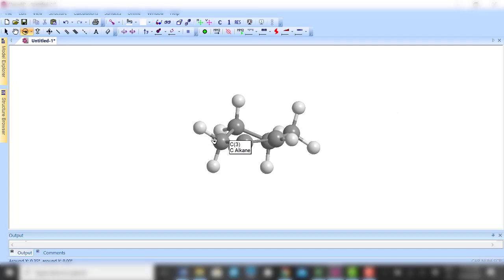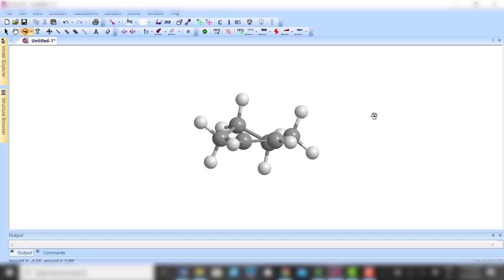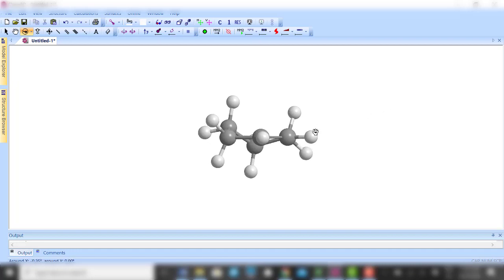Let me do a quick rotation like this. You notice that this carbon and this carbon are actually located along the same plane. Let me do a very slow rotation for you to see. If I put this at this particular level, you see that this carbon and the one at the back are in the same plane.